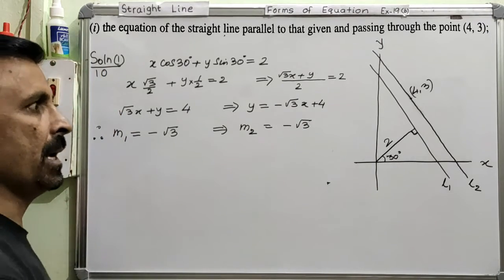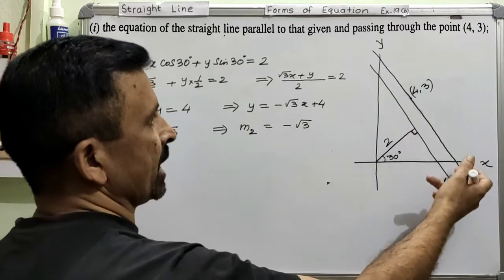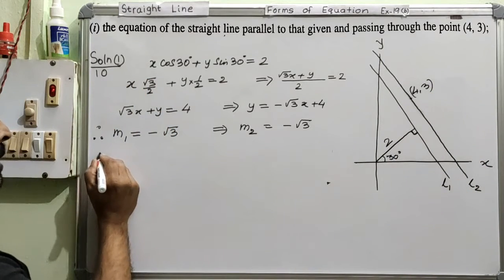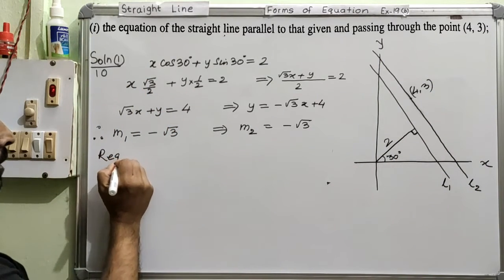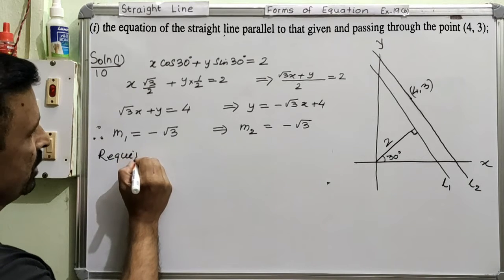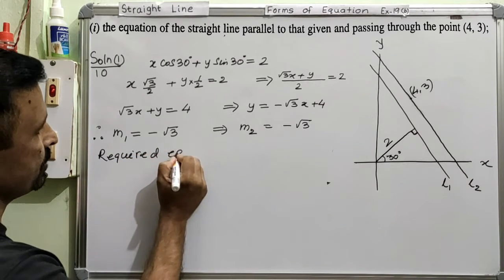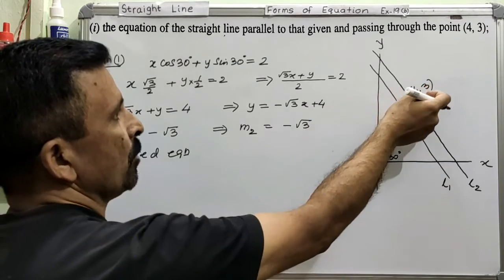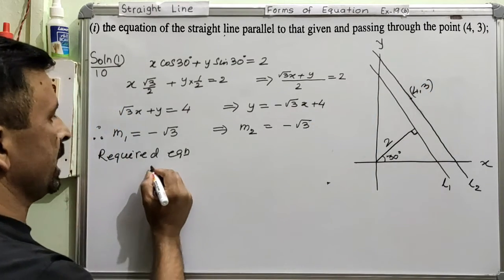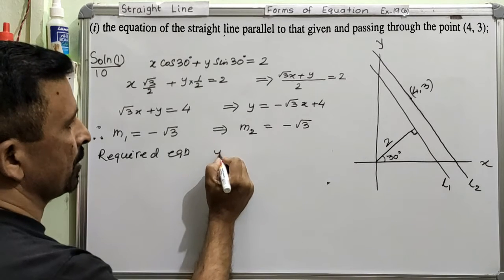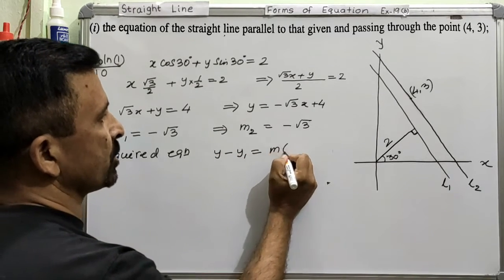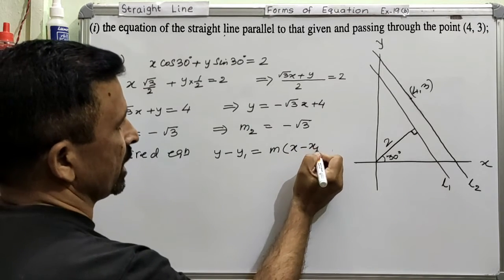Now we have enough information and we can write down the equation of line L2. The required equation, using the slope and 1 point, the formula is y minus y1 is equal to m into x minus x1.